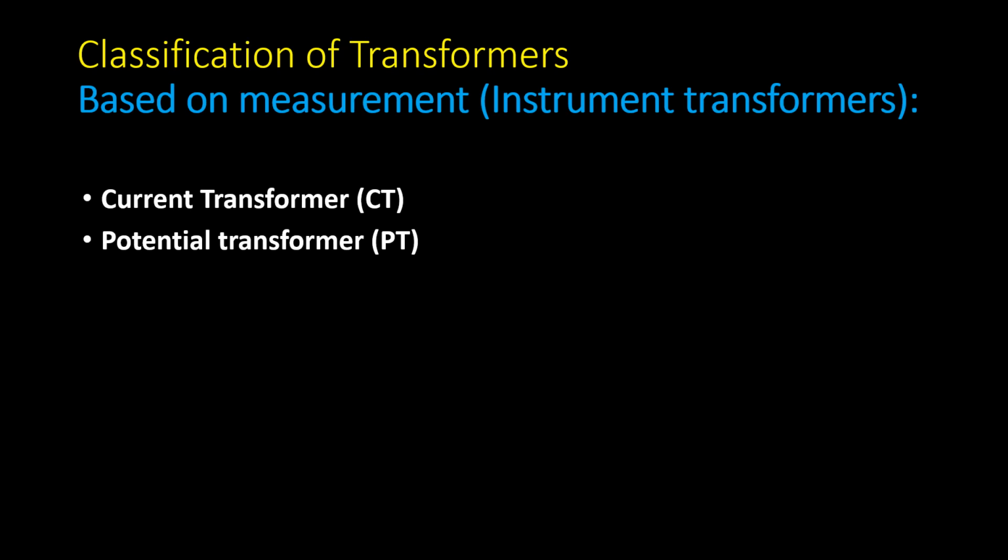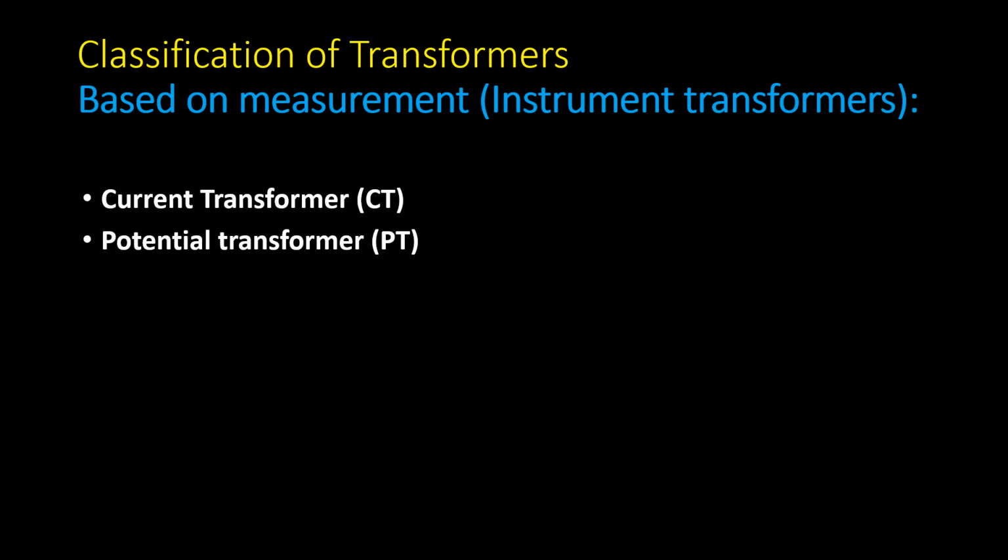For the measurement of voltage, we need a potential transformer. These current transformers and potential transformers are also used for protection purpose. In an electrical power system, if you want to design protection schemes, then also you need protection transformers, and in that case also we have current transformer CT and potential transformer PT.